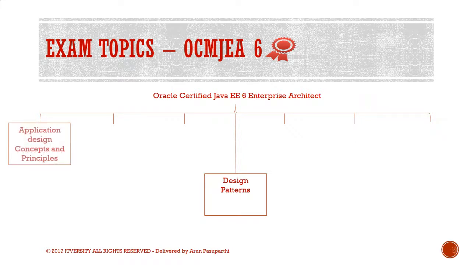The next part is application design concepts and principles. This is where your object oriented knowledge is tested to the core. You will have to understand what separation of concerns is, especially in the Java EE space, and you need to have a reliable, correct interpretation of concepts like non-functional requirements, starting from extensibility to manageability to availability, the whole nine yards there.